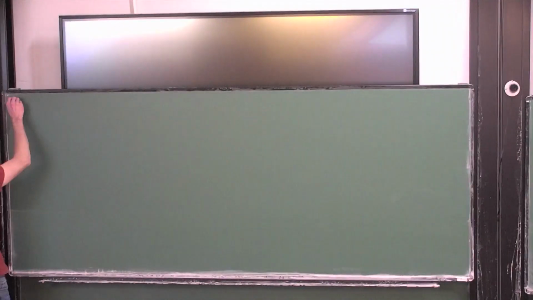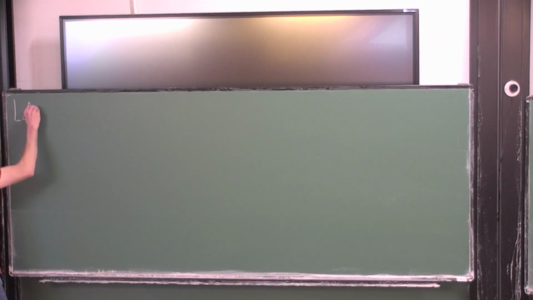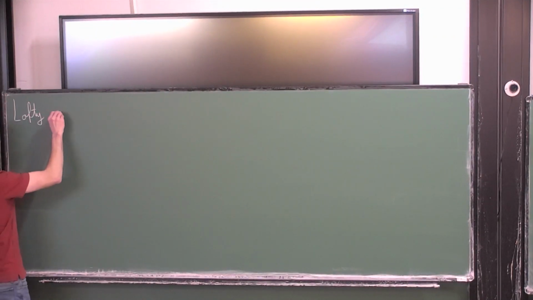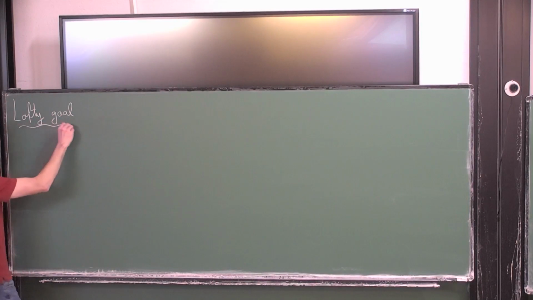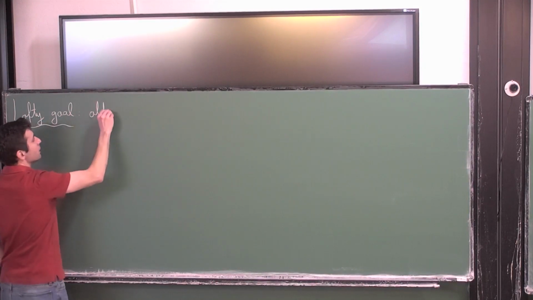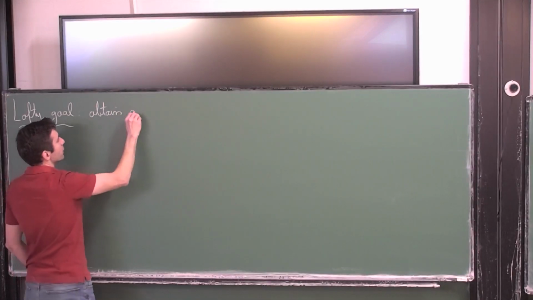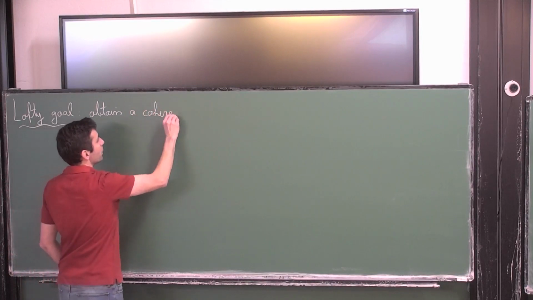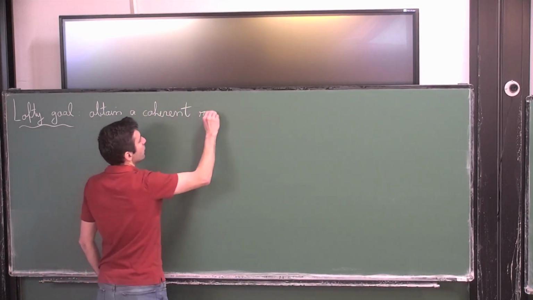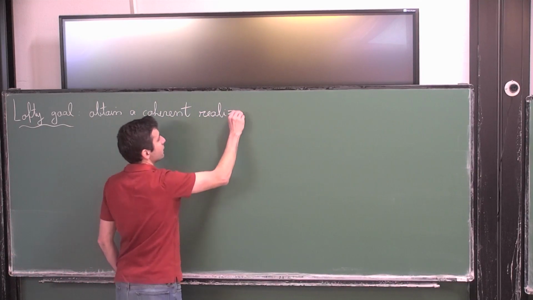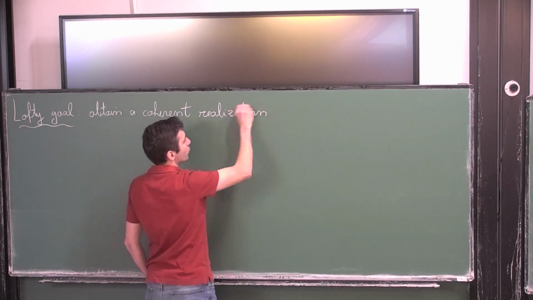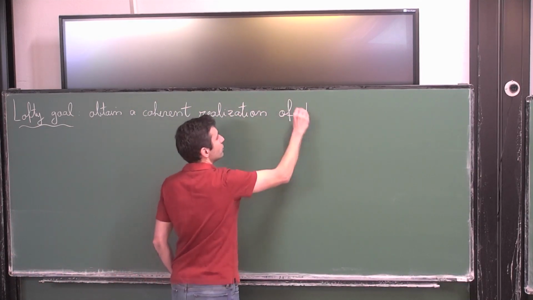Before in this conference, but with a quite different goal in mind. The lofty goal of this whole project is to obtain a coherent realization of the trace. I'll recall what all of these objects are in a bit, I just want to give the motivation here.